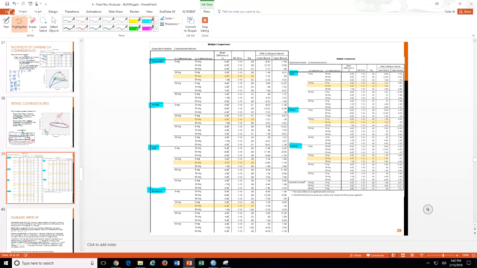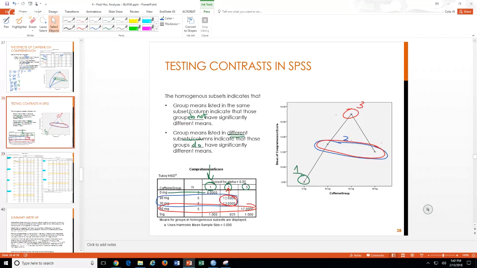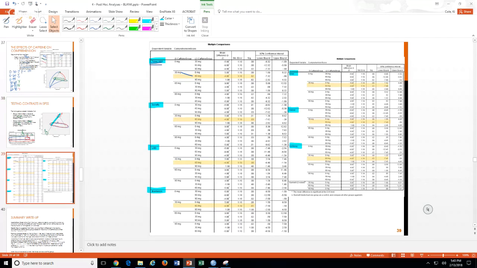So if you chose to do the Tukey test and you were comparing the 30 and the 60 milligram groups, based on the Tukey test, again, when we use the automated pairwise groups in SPSS, we don't have to modify our alpha.